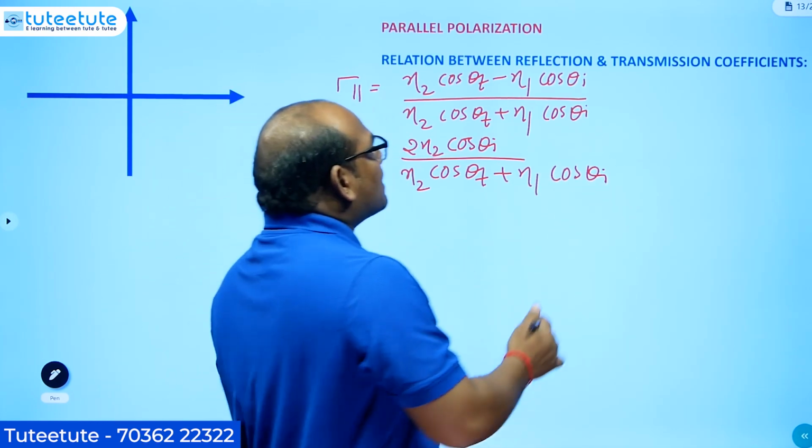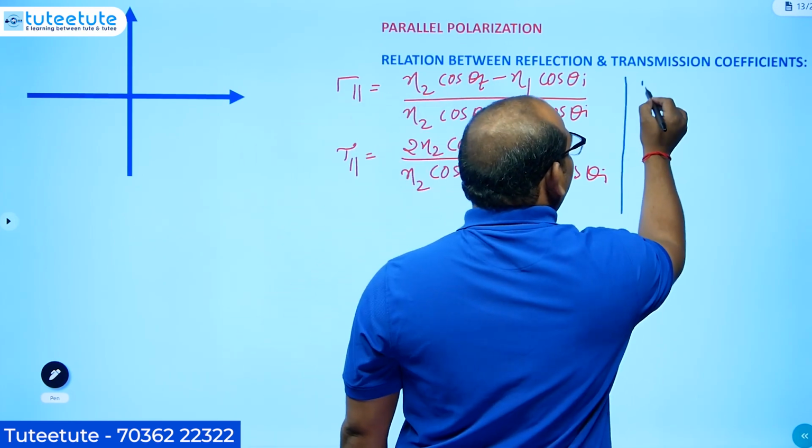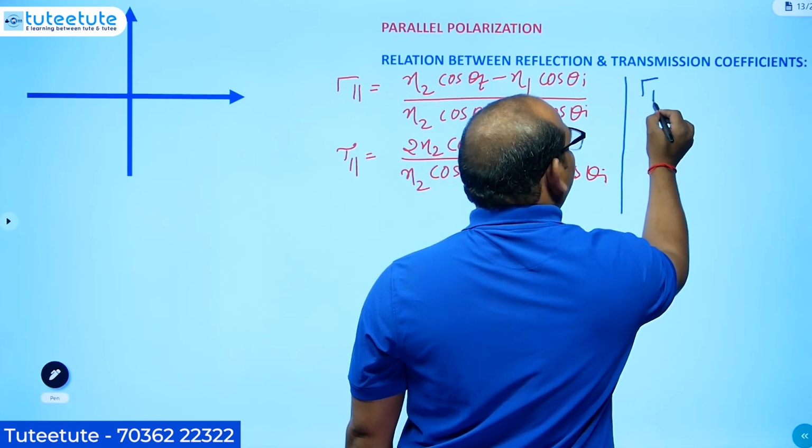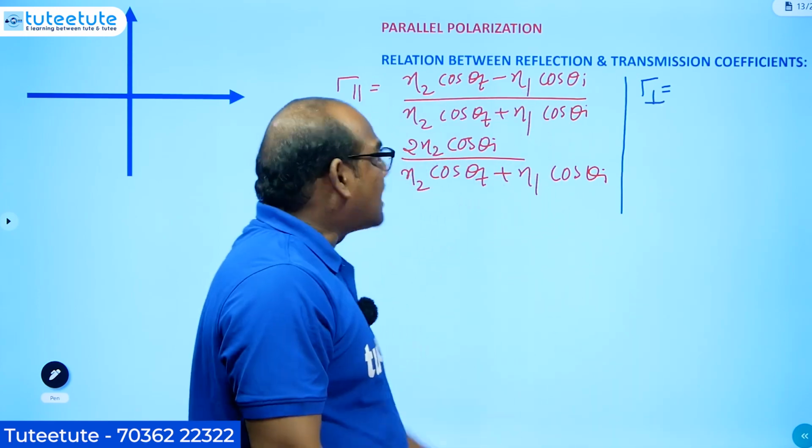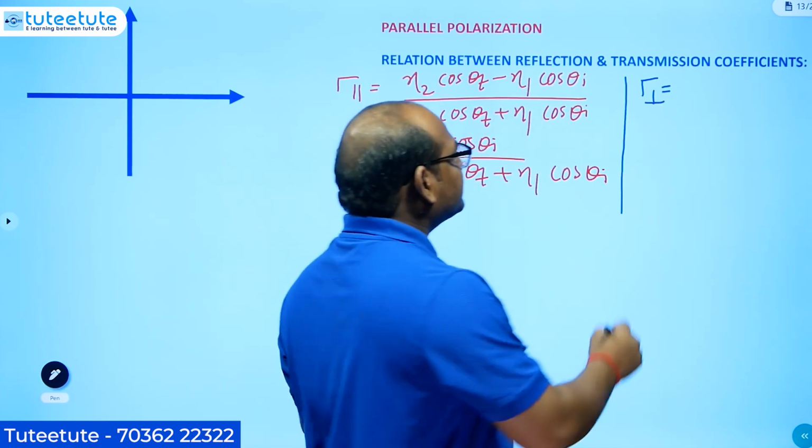Okay. So for comparison purpose, here I will write gamma perpendicular also. Gamma parallel, gamma perpendicular I am going to write.